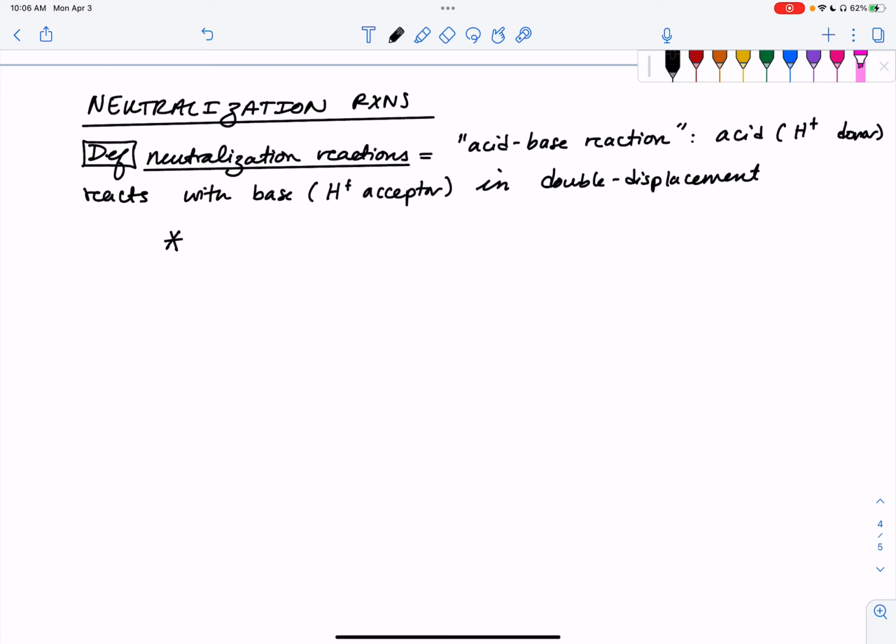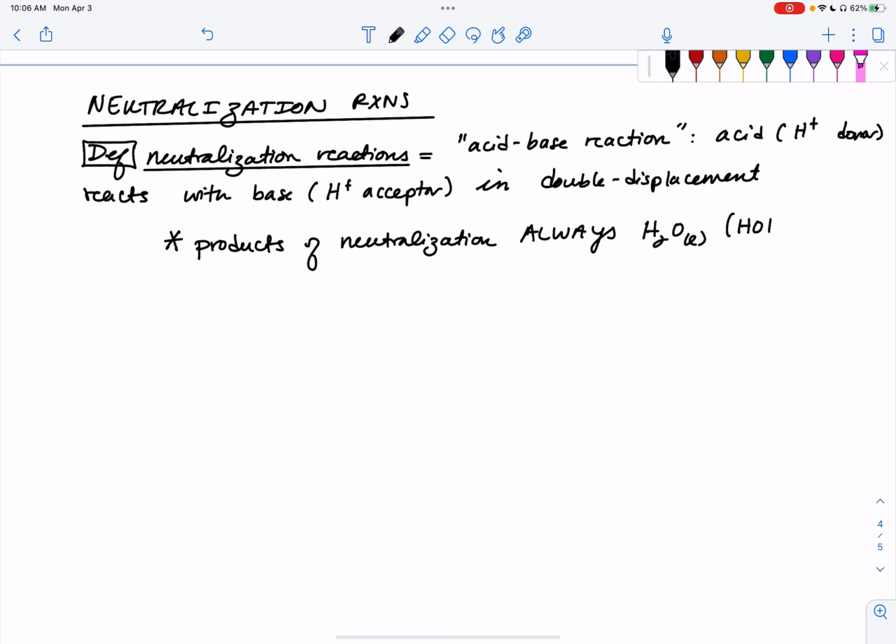And if there's anything that you take away from understanding what a neutralization reaction is, it's that the products of neutralization are always liquid water, H2O, which you might see me write as HOH, and some kind of soluble ionic salt.